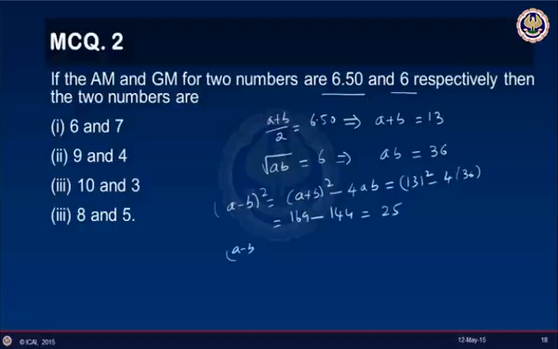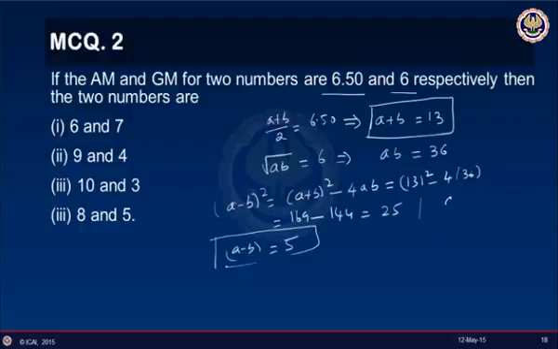So (A minus B) whole squared is equal to 25. By taking the square root, A minus B equals 5. See, students, here A plus B is 13 and A minus B is 5.